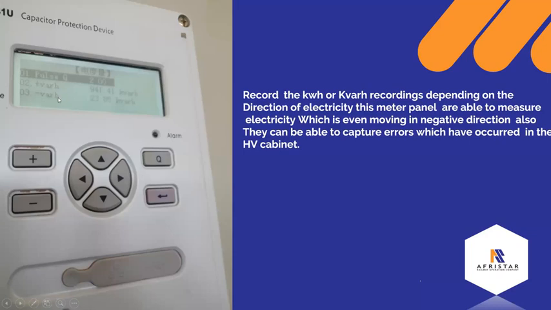But if Mombasa is giving power to Mackinnon Road, you will collect data that starts with a negative sign.